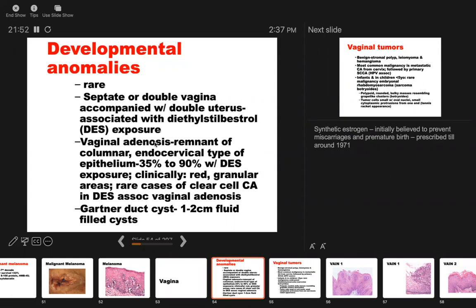Another is abnormal proliferation of the glands, meaning they are normally present as red granular areas, and usually they consist of columnar mucinous epithelium indistinguishable from endocervical epithelium. And that is what we call adenosis. I have already mentioned a while ago Gartner's duct, which is a remnant that should have been involuted.